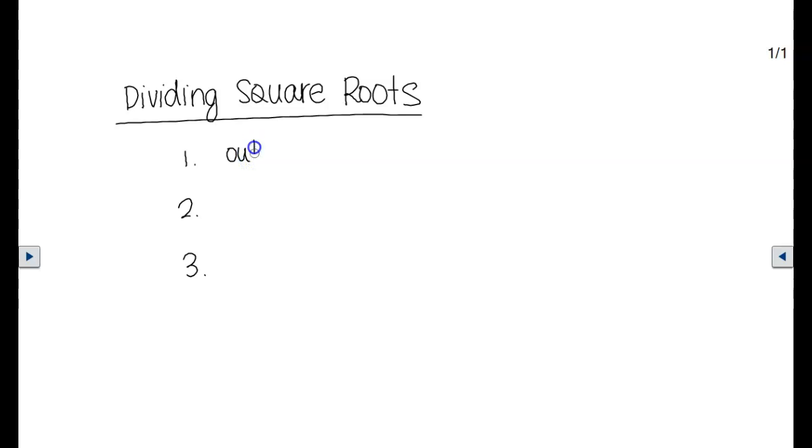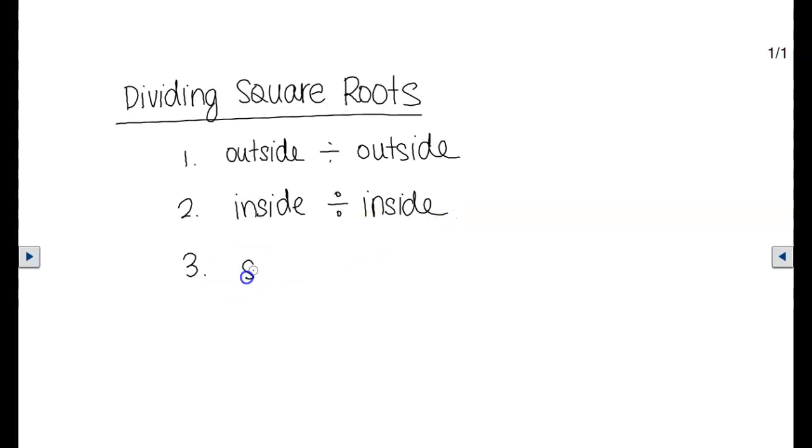When you divide square roots, you're going to do the outside divided by the outside. You're going to do the inside divided by the inside. And then you are going to simplify the answer.